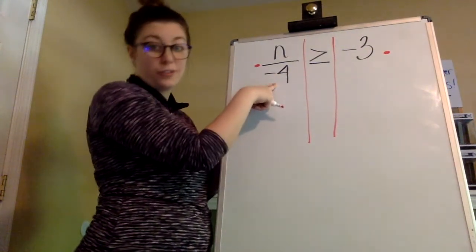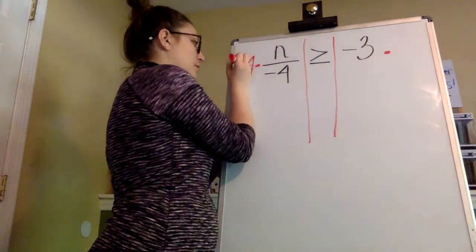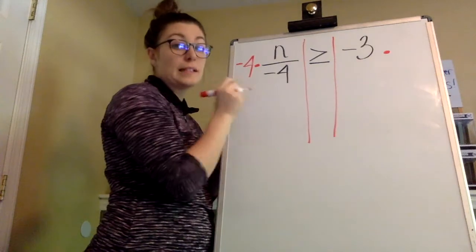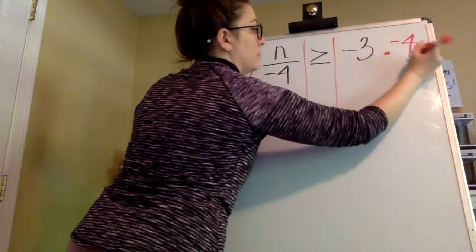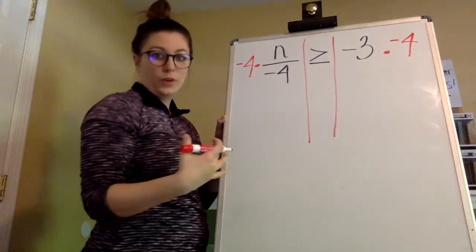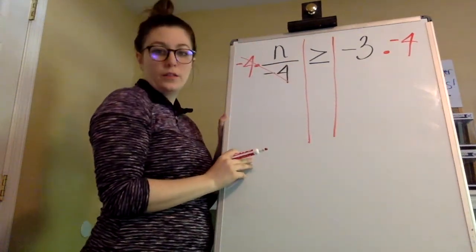Yes, the denominator here, so -4. Don't forget to bring that negative with you because that's important, right? So if we're going to multiply one side by -4, we have to multiply the other side by -4 as well. So here, this goes away, right?